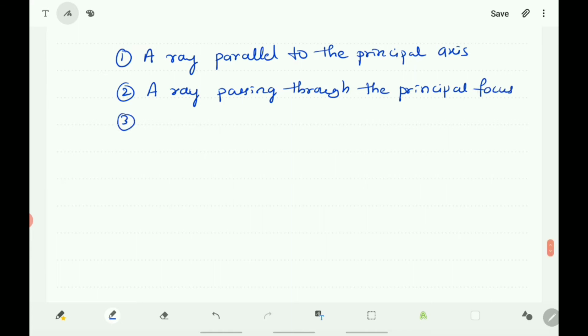Third, a ray passing through the center of curvature.